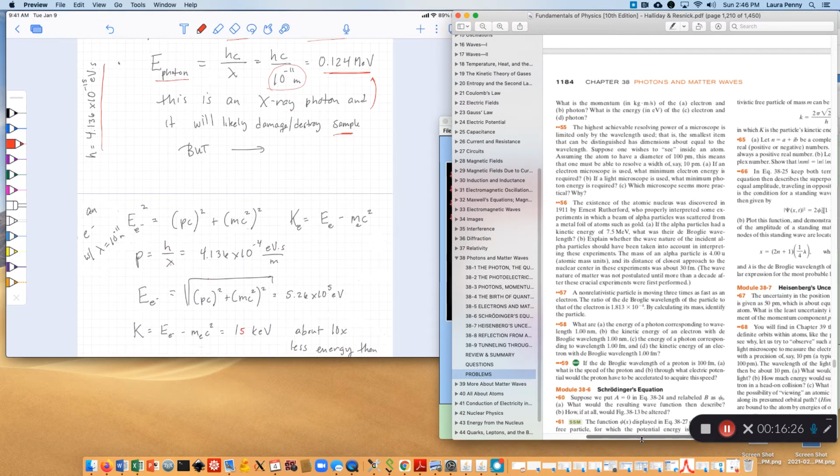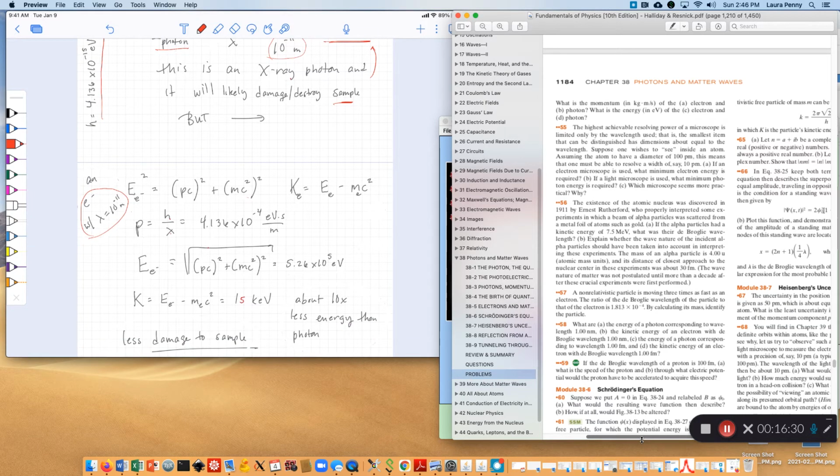But if you have an electron with that kind of wavelength, its energy is only going to be about this much. It's going to be much, much smaller, something like 5.26 times 10 to the 5 electron volts. So it's significantly less. Just a second here.